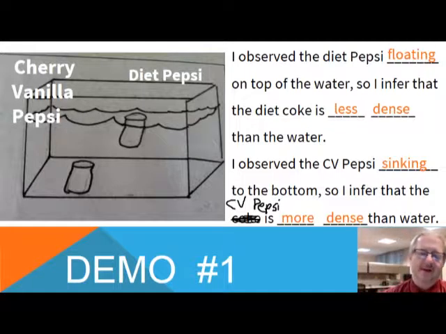There, CV Pepsi. Yay. Now you can do the third sentence. I observed the regular Pepsi doing what? So I infer that the regular Pepsi is more or less dense than the water, or maybe the same.